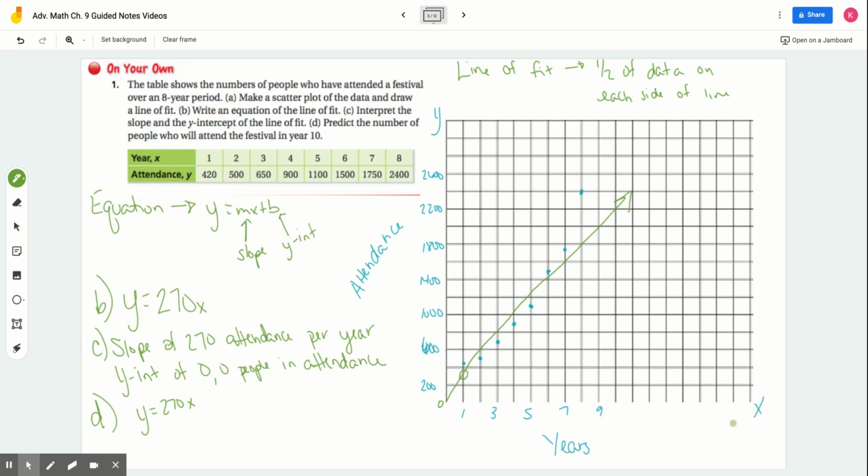Well, 10 is years, that's the x-axis, so we put 10 in for x. 270 times 10, remember when there's no operation, we're multiplying, is 2,700. So in year 10, we can predict that there would be 2,700 people in attendance. And this is how we can use that line of best fit to make our predictions.